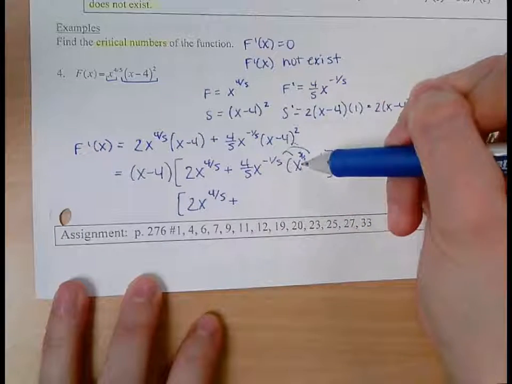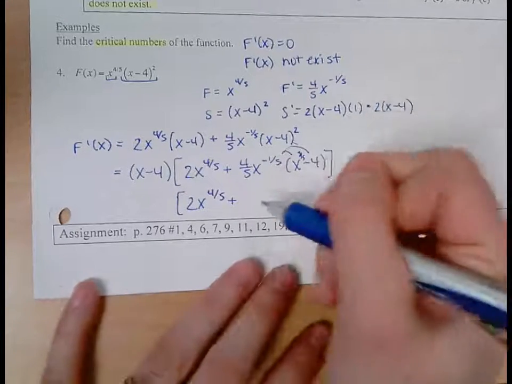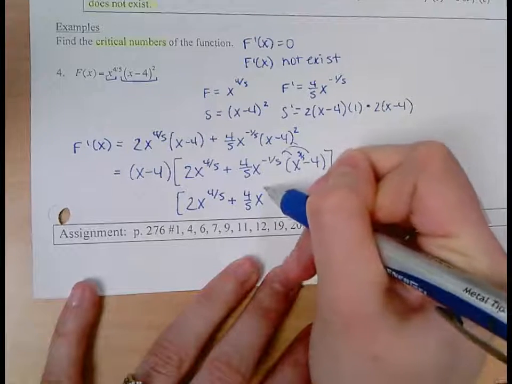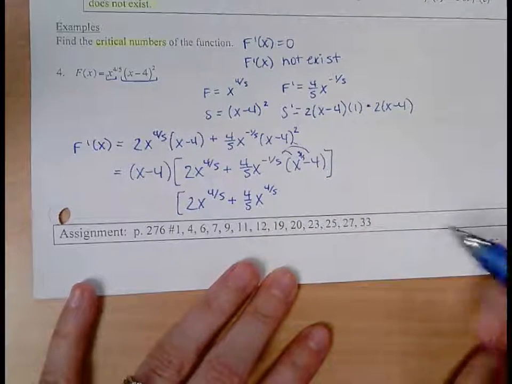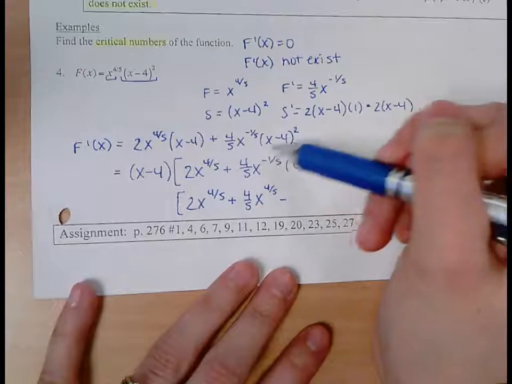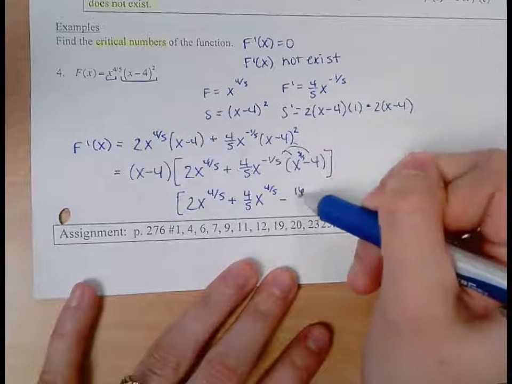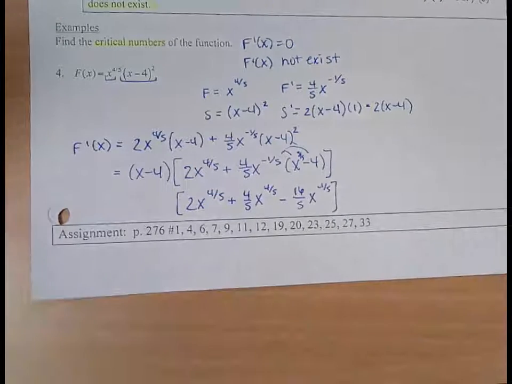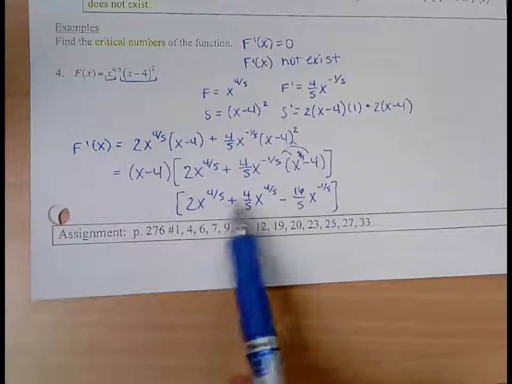So when I distribute it here and I add these together, that's 4/5 x to the 4/5. And then it would be minus, and when I multiply that by 4, that would still be to the negative 1/5. So that would allow us to combine these.